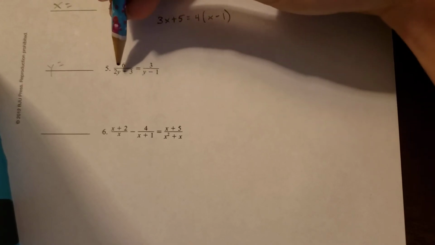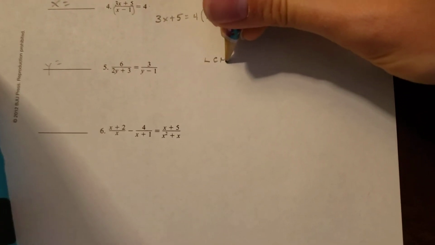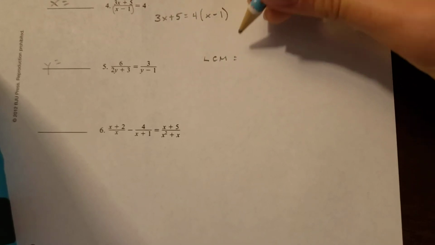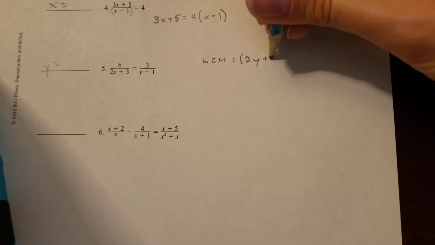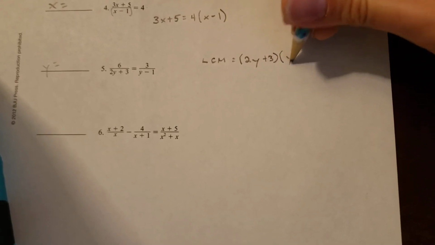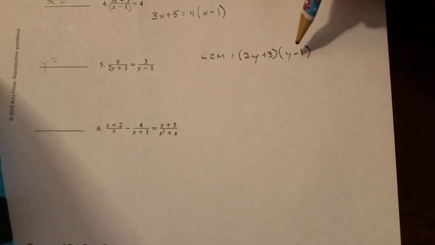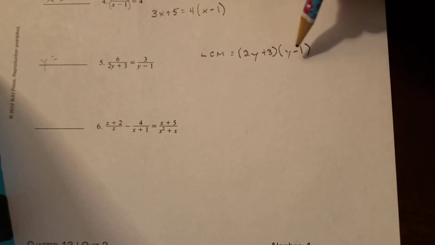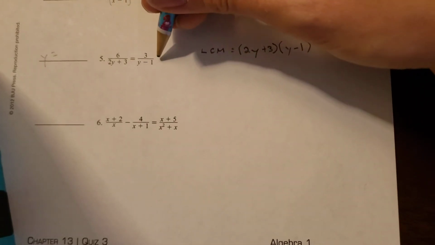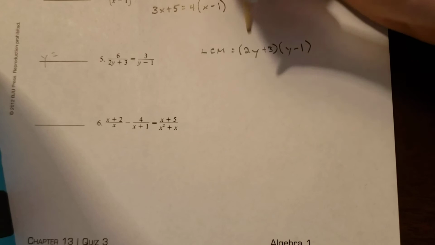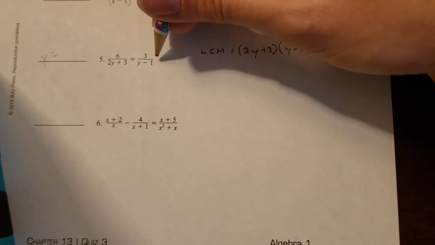Again, if we had our least common multiple, it's going to be 2y plus 3 times y minus 1. In order to get this in the denominator, I just need to multiply this side by the top, top and bottom.